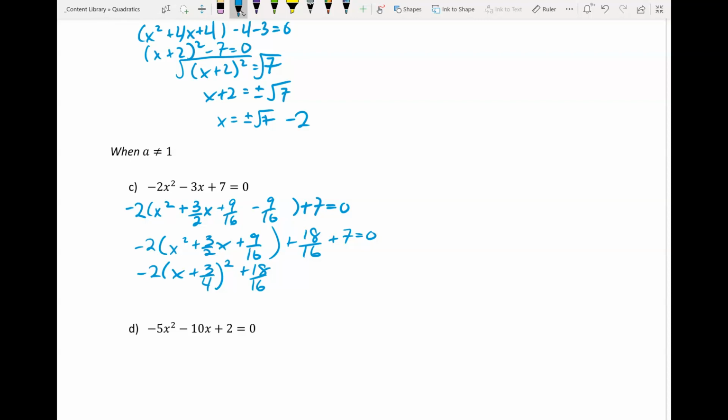And I'm going to multiply 7 by 16, top and bottom, which is 112. I want to combine my fraction. This is 130.